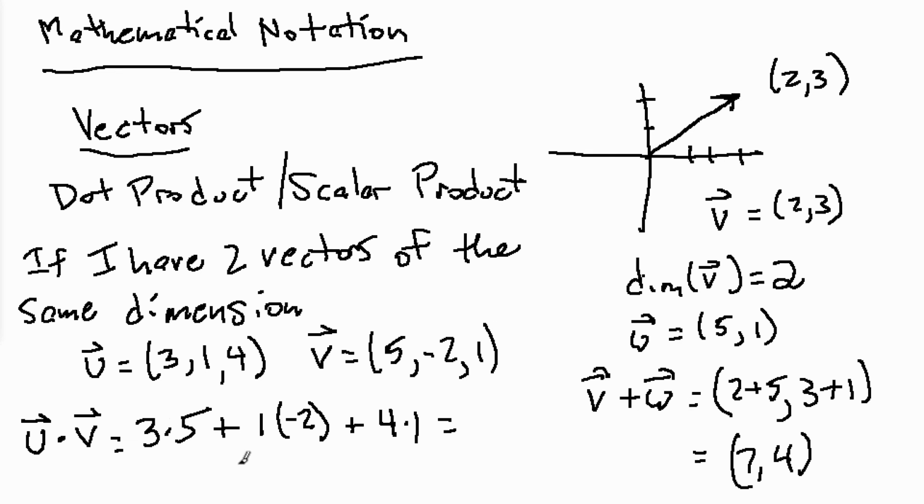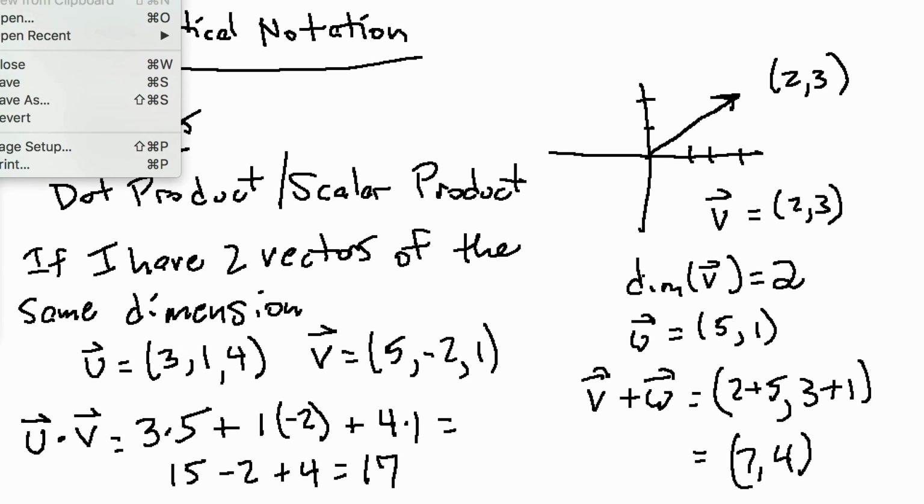That's equal to 15 minus 2 plus 4, and that's equal to 17. Okay? So the question is why did I bring this up? And I think you can see why I brought it up.